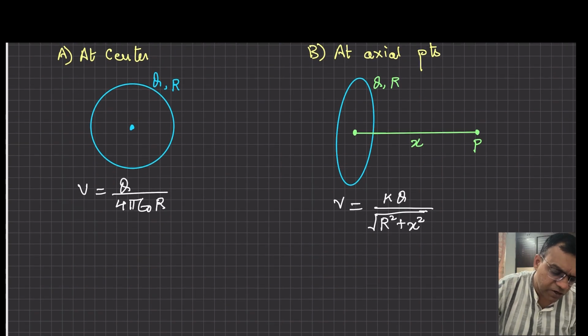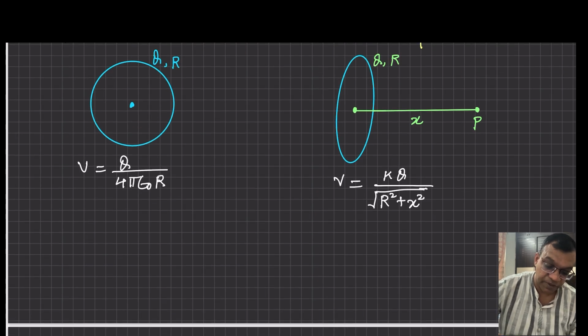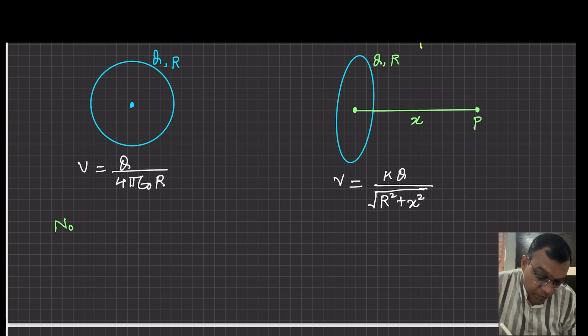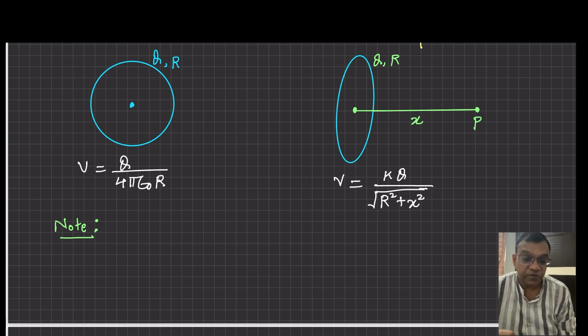And one very interesting fact, note this down. The formulas for the electric field and potential are for a uniform charge distribution.